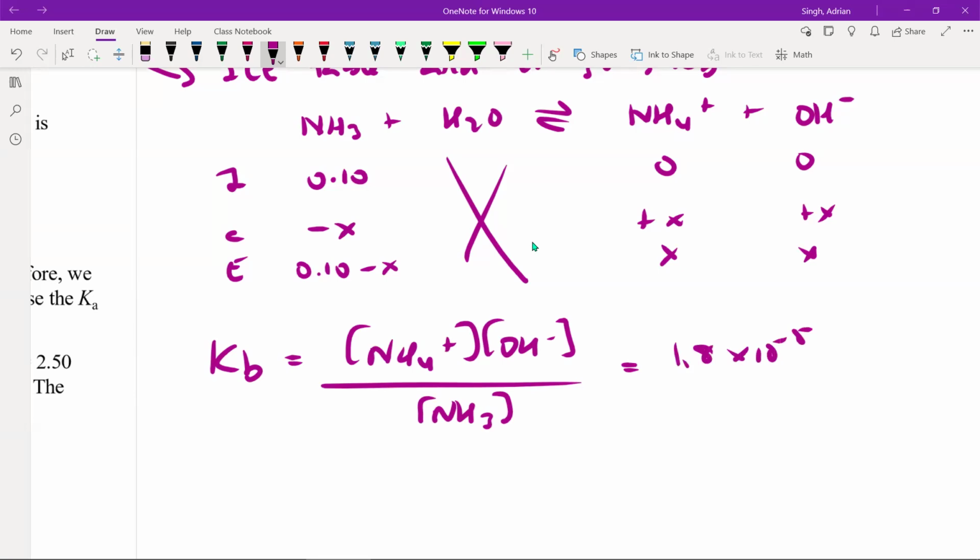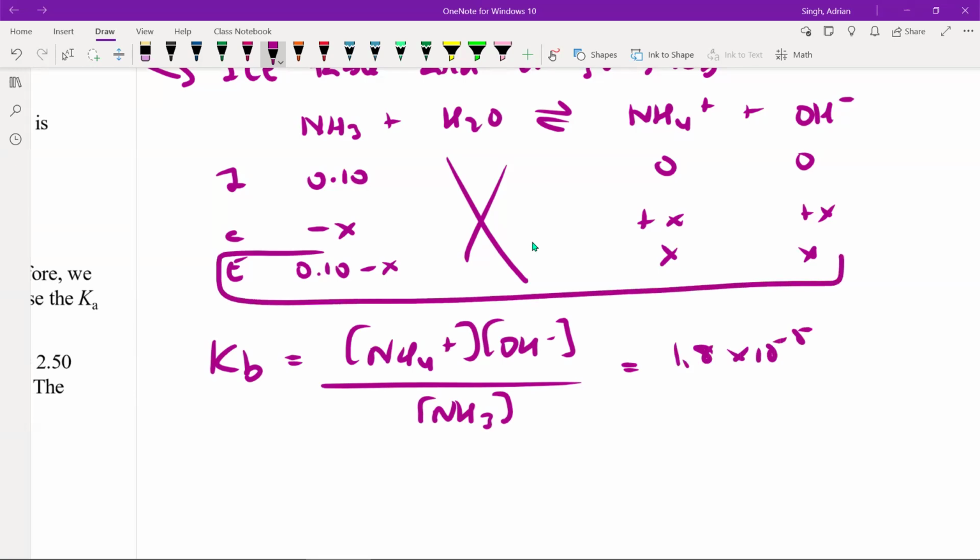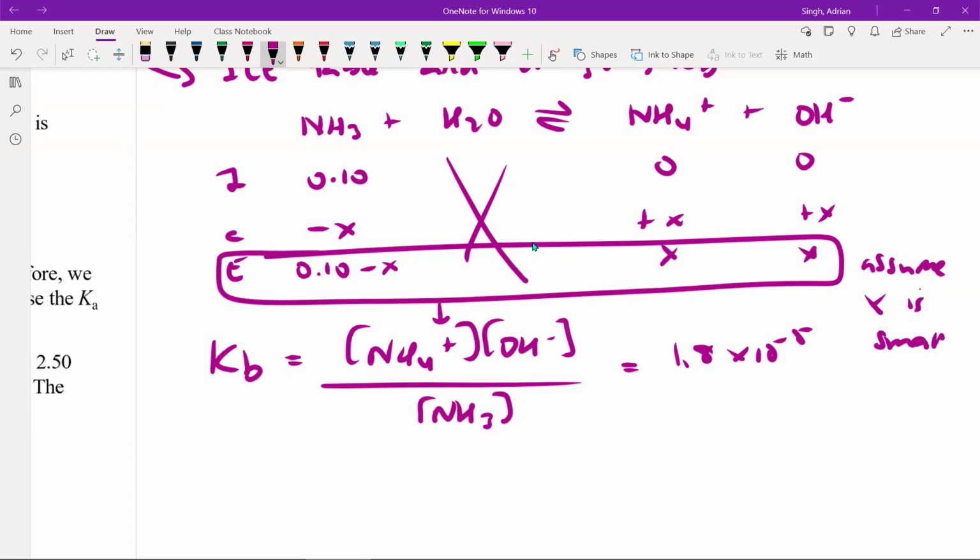Then we substitute our equilibrium expressions into the equation, assuming X is small. When we solve for X, which is equal to the concentration of hydroxide, we get 1.3 times 10 to the negative 3.